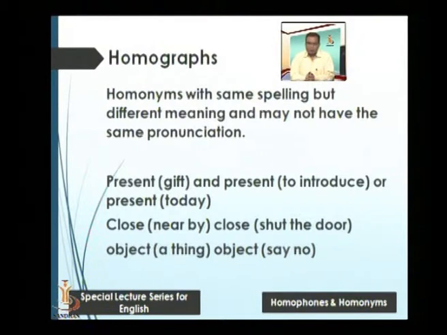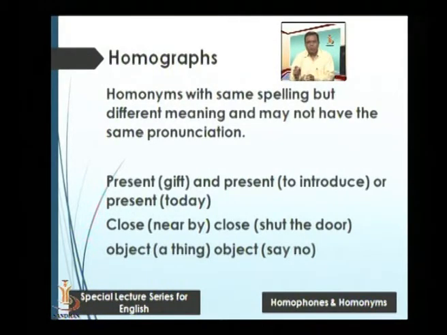Another is object. Object is a thing. This word object is also used in two different contexts. One is in order to refer to a thing, an object. He invented an object able to store lot of data.